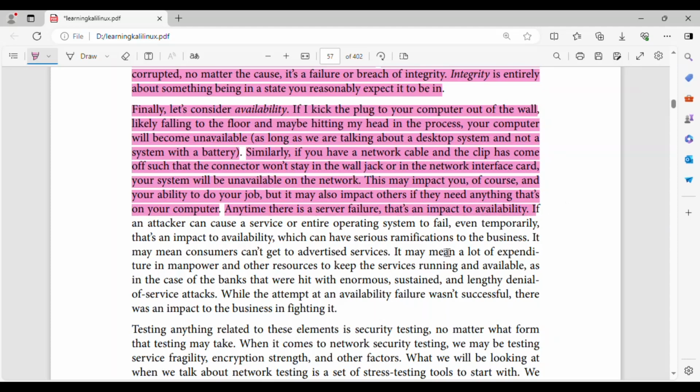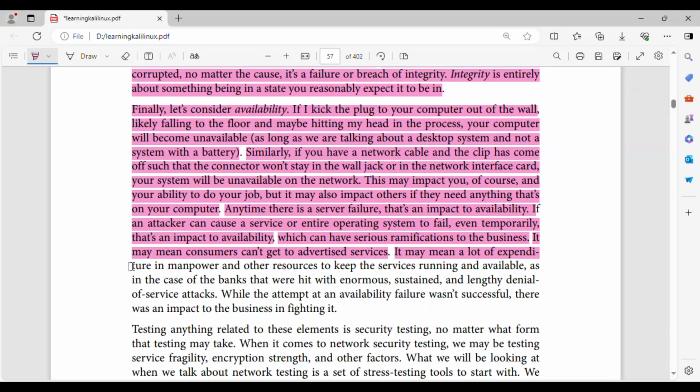Anytime there is a server failure, that's an impact to availability. If an attacker can cause a service or entire operating system to fail, even temporarily, that's an impact to availability, which can have serious ramifications to the business. It may mean consumers can't get to advertised services.